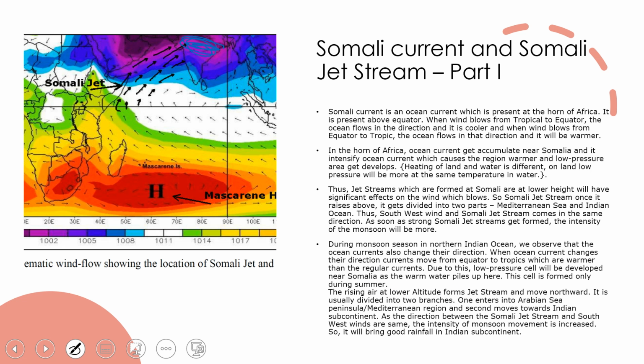Till now we were talking about the Tibetan plateau. Now your Indian plateau will also be heated, and if this heat gets merged with the Tibetan heat, like if it went to the Himalayas and merged with the Tibetan heat, ultimately the intensity of the low pressure will increase very efficiently.